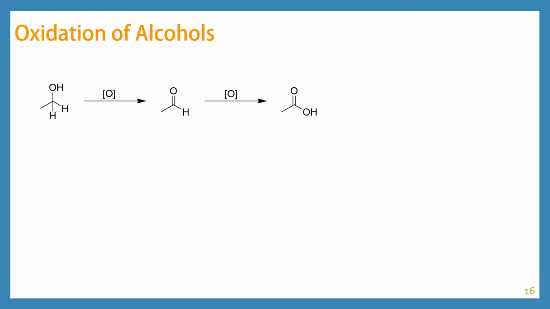But what we're going to learn here is that there are oxidizing agents of different strengths. If you have a mild oxidant, mild meaning weaker, you can take a primary alcohol and oxidize it to an aldehyde.